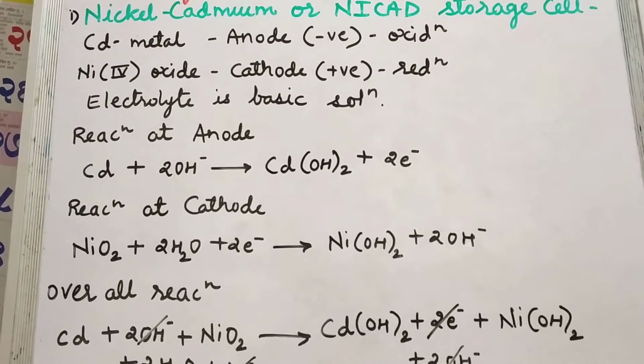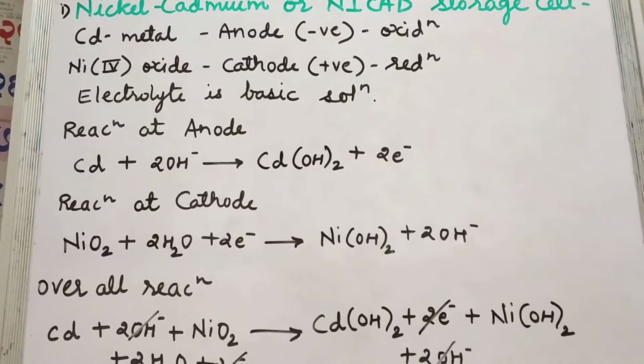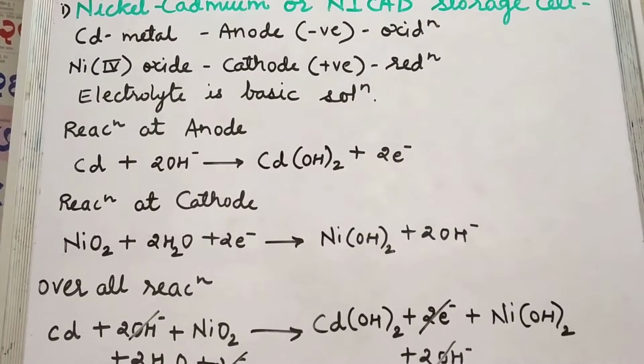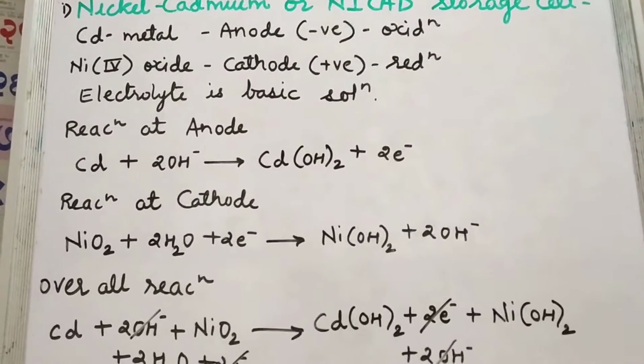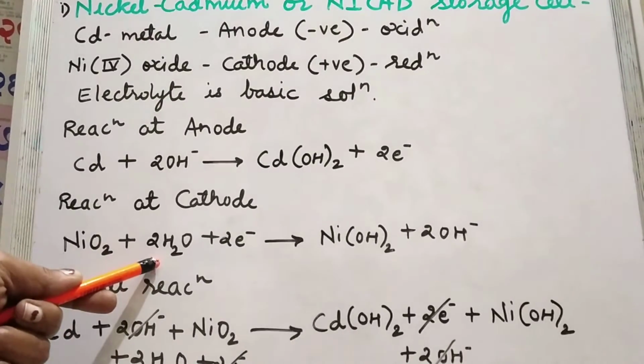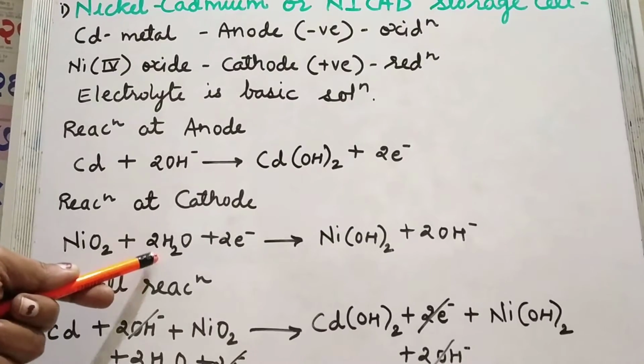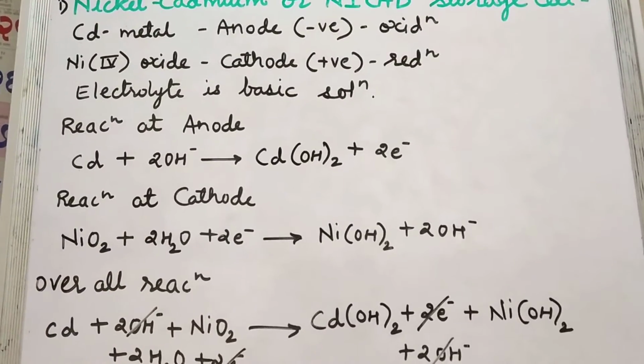Very simple reaction. And reaction at cathode काय होणार? आता anode ने electrons lose केले, cathode electron gain करणार. So nickel oxide, because nickel oxide is acting as cathode, combines with the H2O molecules, water molecules. हे बेसमध्ये प्रेझेंट आहेत, water molecules are present in the base. अल्कलाइन सोल्युशन आहे, बेसिक सोल्युशन वॉटरमध्ये प्रिपेअर केलेला.